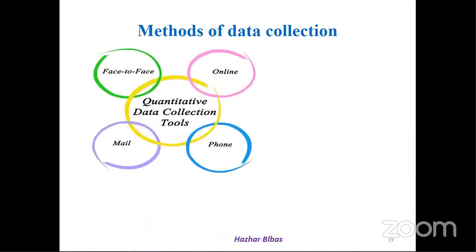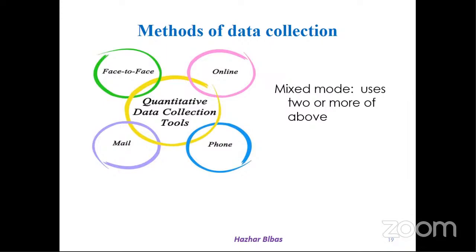Method. We have several methods for collecting data: face-to-face, online, mail, phone, and so on. Most researchers suggest using mixed mode. For what? For saving time and getting a lot of participants sooner.